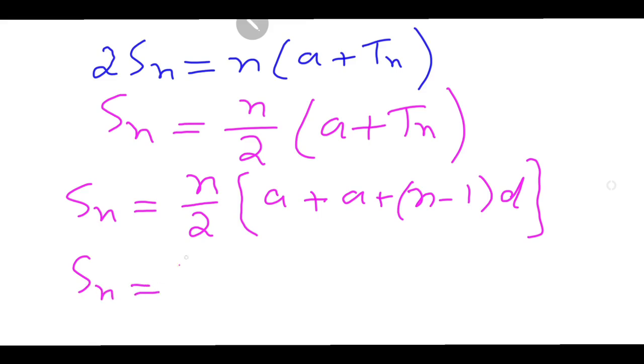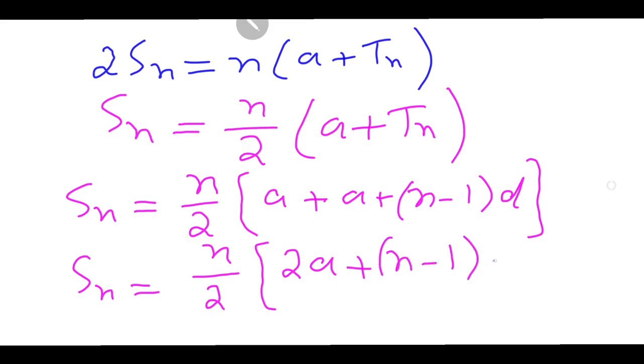Now we simplify. The final formula will be n over 2, big bracket, 2a, we got 2a, plus (n minus 1)d, close big bracket. Thus we proved it.